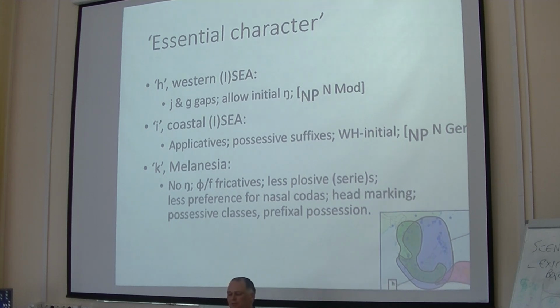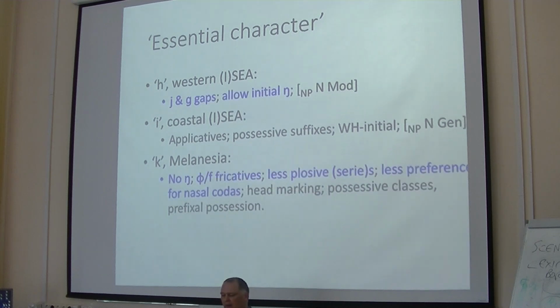They allow initial velar nasals. Modifiers follow the nouns. The large blue area, languages in that area, regardless of what family they're in, though they are mostly Austronesian, have applicatives, have initial WH words. The red, which extends across Melanesia, you can read the stuff there. The big point is we can make all these linguistic characterizations on the basis of ancient DNA.